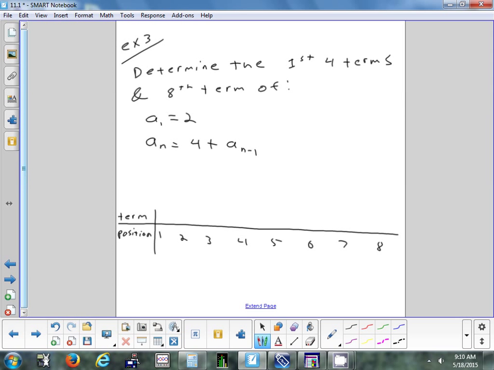Okay, Sylvia, what's my first term here? Yeah, 2. Okay, first term is given. Nothing you have to calculate there. Okay, Justin, how about my second term? Yeah. So you get the second term, take the 1 before it, add 4.